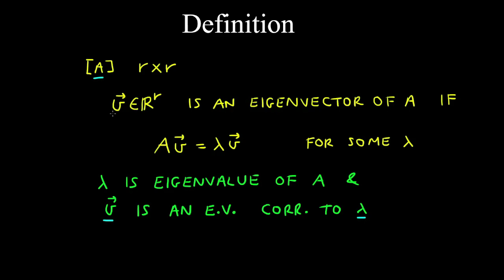And note that we impose the restriction that the eigenvector be a non-zero vector to avoid the trivial case of the matrix A multiplied by the zero vector is equal to lambda multiplied by the zero vector. So this equation is satisfied for every A and lambda.